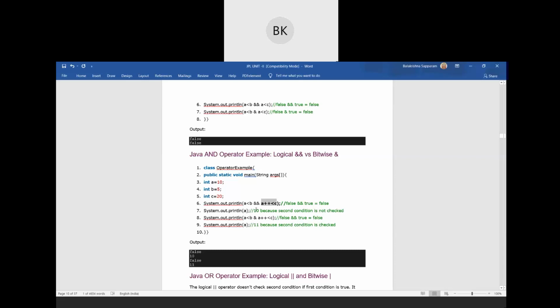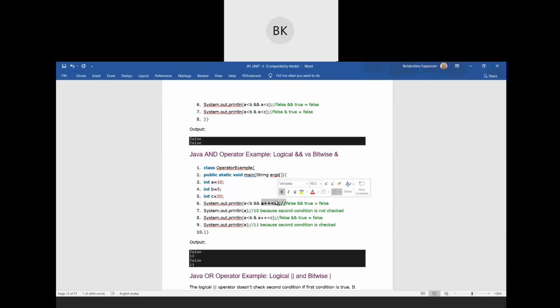Whenever this is false, the second statements are not executed. Which is the second statement? Here this a plus plus is less than c is the second statement. In the second statement, the plus plus operator is there. It is not executed, so what is the a value? A is 10.